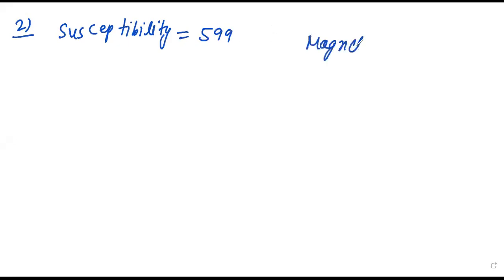Now look at question number two. An iron rod whose susceptibility is given as 599 is subjected to a magnetizing field whose value is given as 1200 ampere per meter.